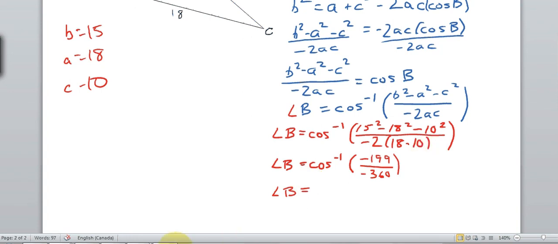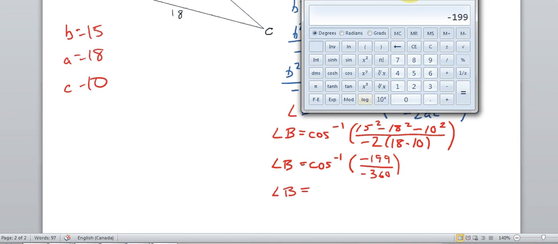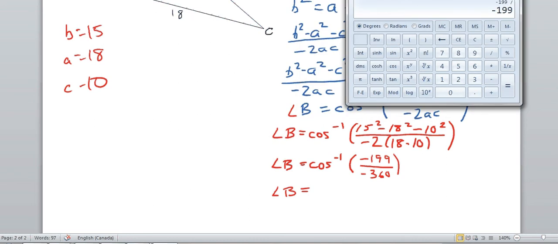So if we do inverse cos of that, what you're going to get is 56.44 and so on degrees, okay? So let's round to the nearest degree. So if I go back, we can round this to 56 degrees.